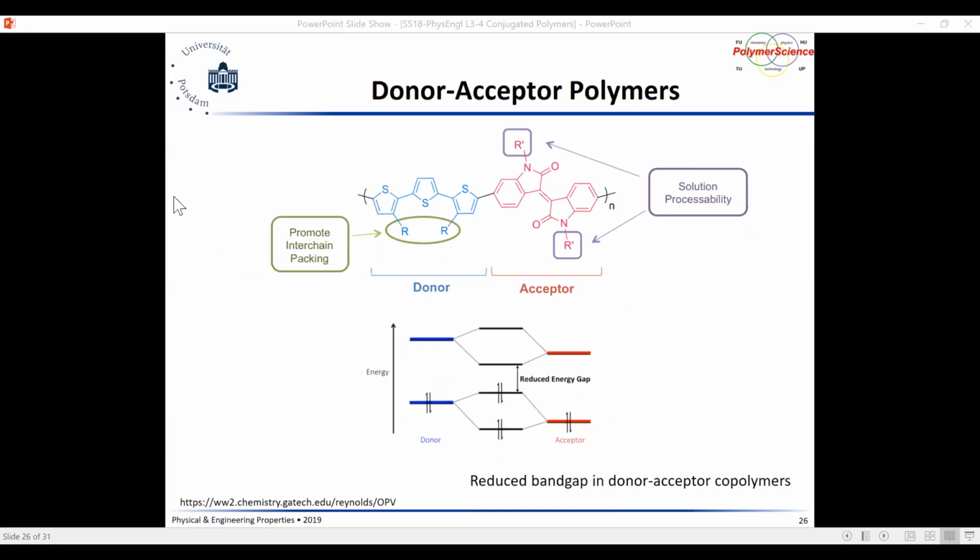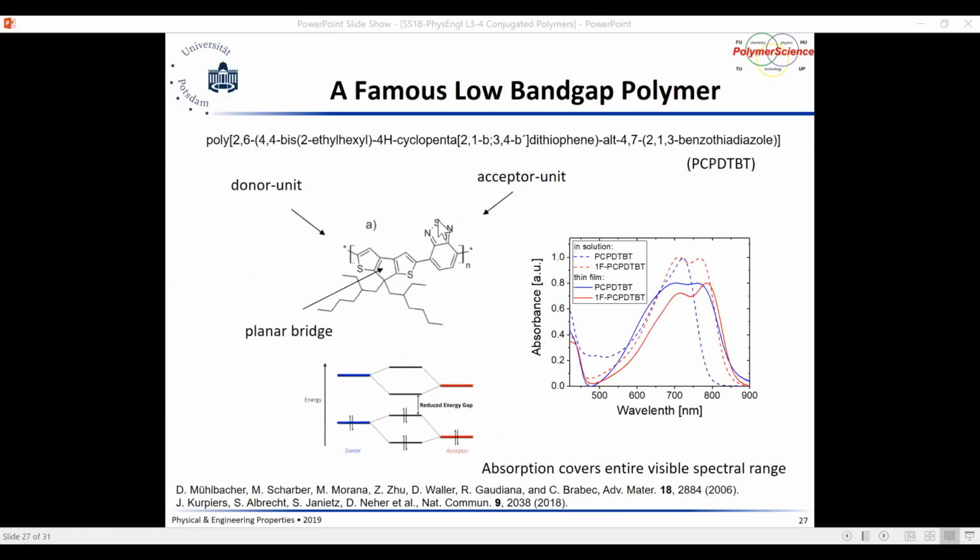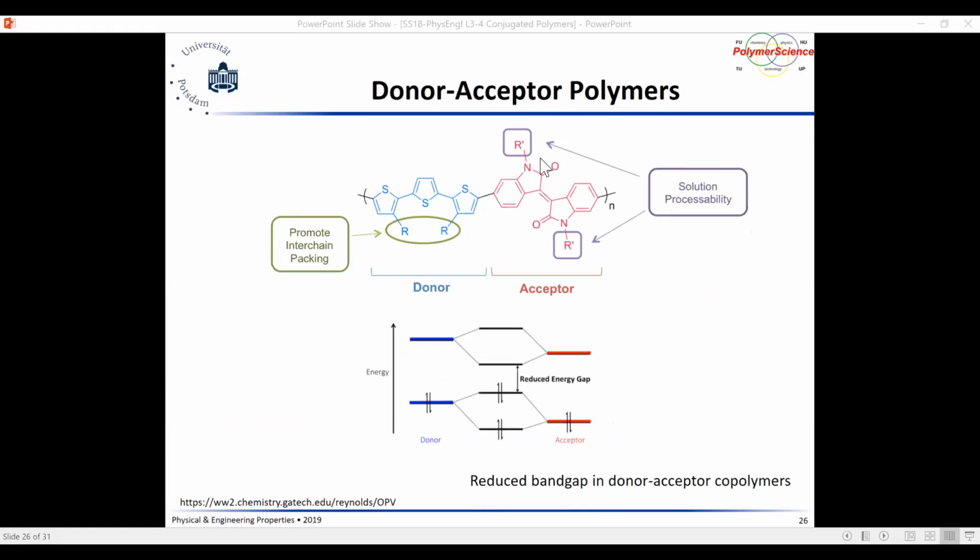Some of the other things to point out here: this is a typical donor-acceptor polymer. Polymers can be just a donor part or an acceptor polymer, or sometimes in the synthesis they try to bridge a donor unit with an acceptor unit, but it's still called, for instance, an electron-donating polymer.